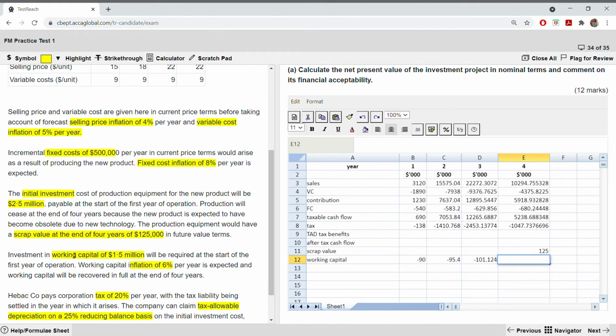Working capital of 1.5 million will be required at the start of the operation.